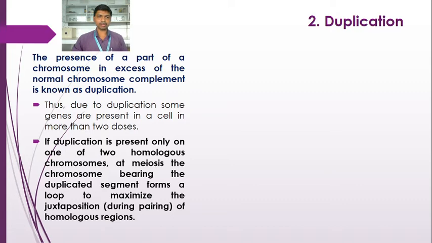In only one chromosome of a pair, the duplication has occurred. During meiosis, the chromosome bearing the duplicated segment forms a loop like the deletion loop. It forms a duplication loop to maximize the juxtaposition during pairing of homologous regions.